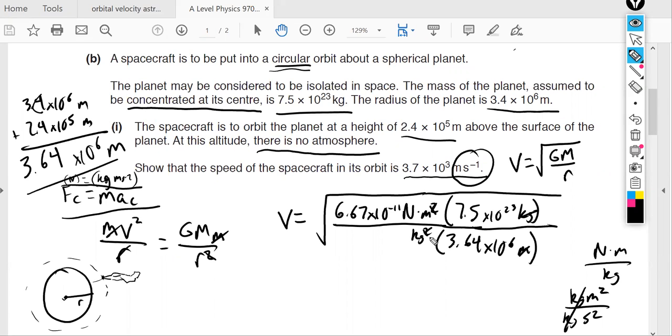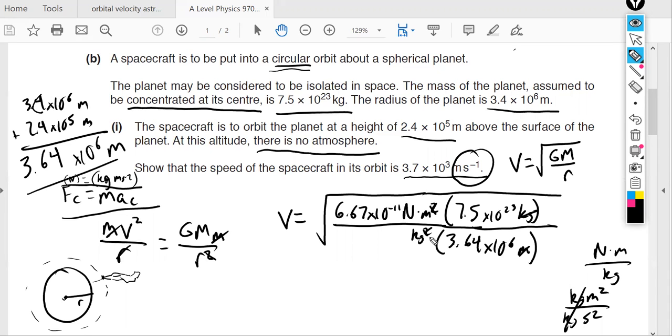Crunch those numbers. So you've got 6.67 by 10 to the negative 11 times 7.5 by 10 to the 23 divided by 3.64 by 10 to the 6. And then take the square root of all of that. You can take a square root by just raising something to the 1/2 power. That's the same thing as taking a square root. So sometimes it's easier to type it in your calculator that way.